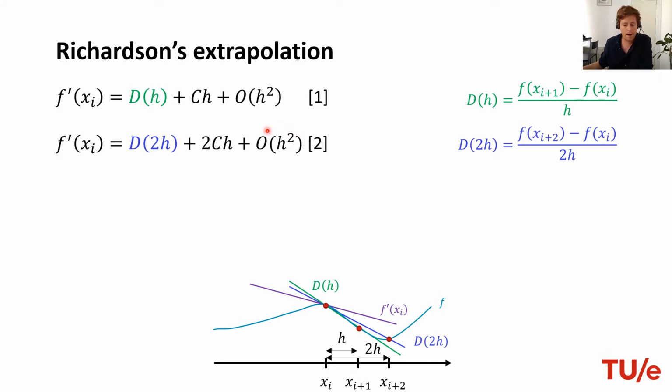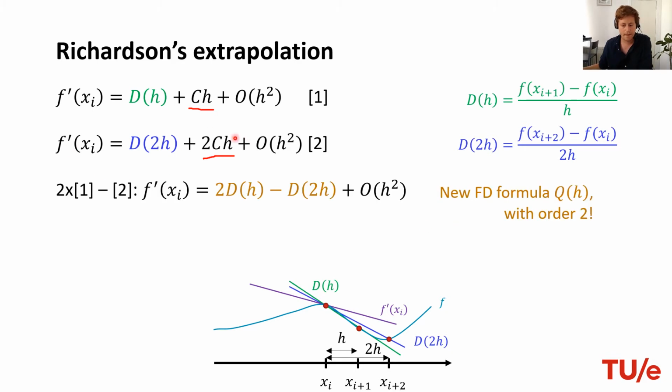Okay, so now let's see whether we can get rid of these error terms of order h. This is an error term of order h, and this is also an error term of order h. We can do this by combining formulas 1 and 2 in the following way. If we take twice the first line and subtract from that the second line, we come up with the following.